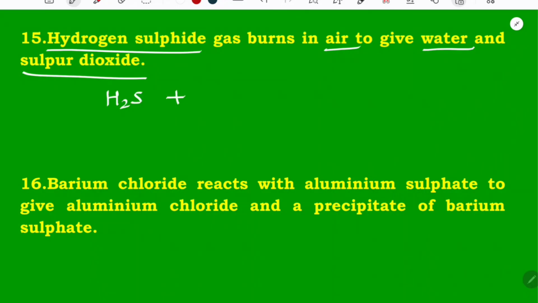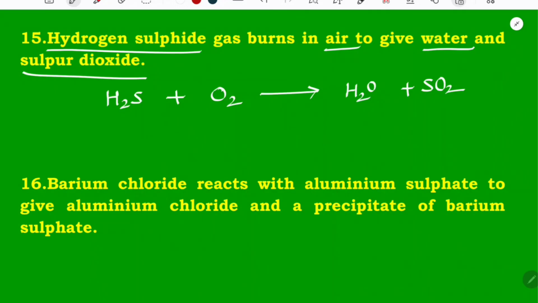Burns in air means it takes oxygen to form water, then sulfur dioxide, SO2. Then you just have to see if the equation is balanced. SO2, SO2. The equation is not balanced, I think.